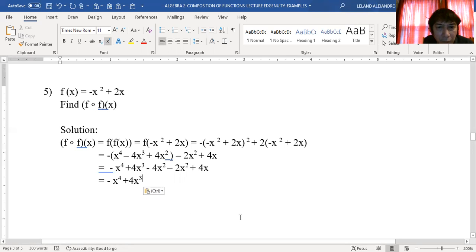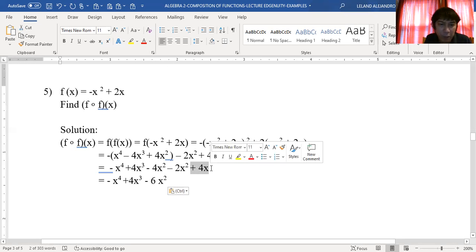All right. The x squared terms will give us negative 6x squared. So this will be negative 6. And then we have x squared there. And then followed by the 4x. The lone 4x is the same. We cannot actually combine this with any other term.